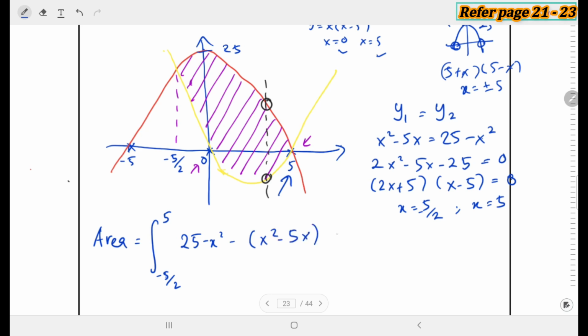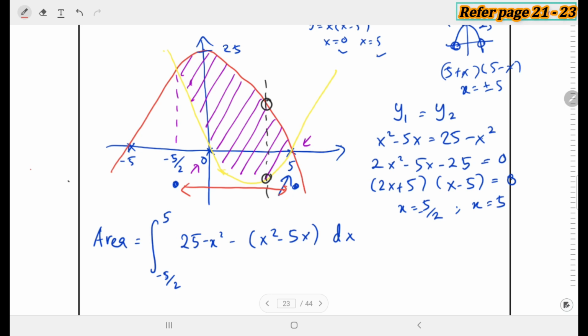with respect to x. There is no need to split this region into two or three parts, because if we look closely at the region from negative 5 over 2 to 5, obviously only two curves are involved.